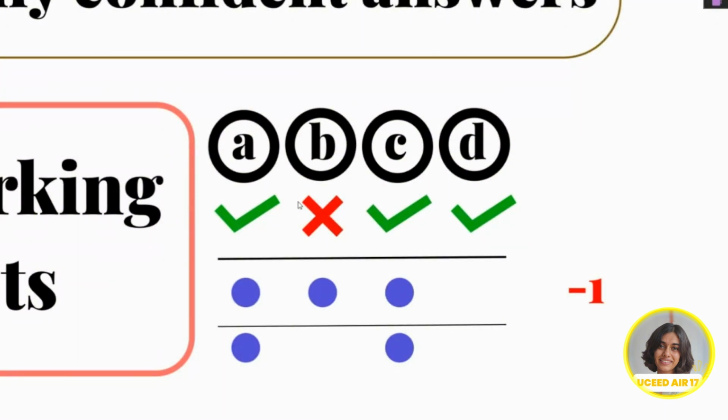Now, for a particular question, if the right answers are A, C, and D, and if you mark A, B, C, you will get a negative marking. How? Because you have marked the option which was wrong, clearly. But instead, if you mark something which you are absolutely confident of and you didn't take a chance with any of the questions, you will at least get marks for 2 options which were right.